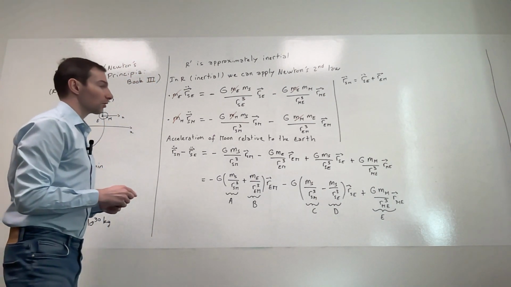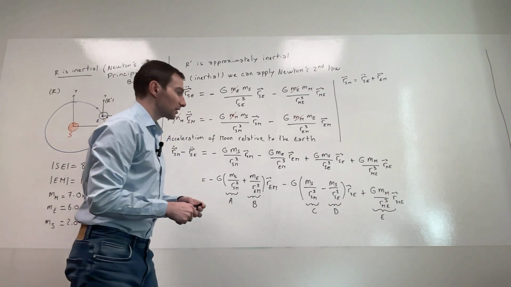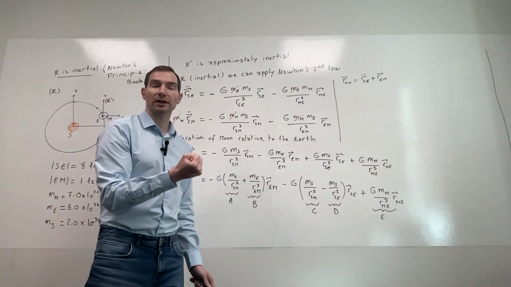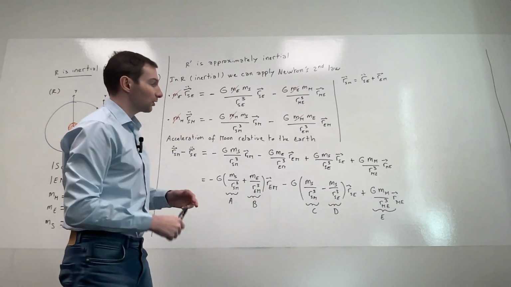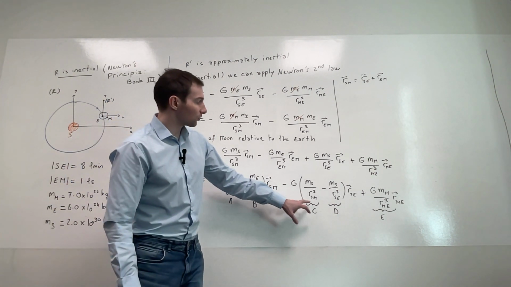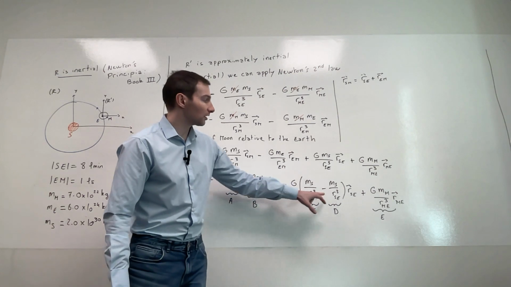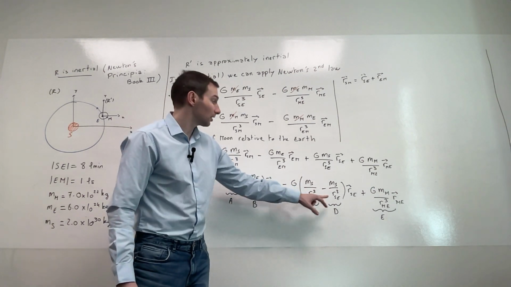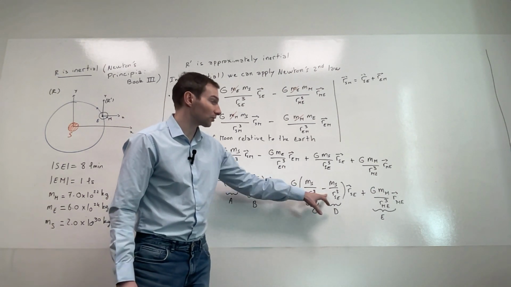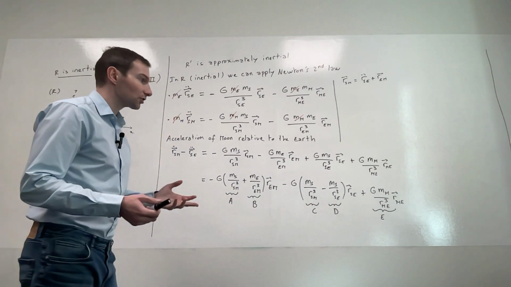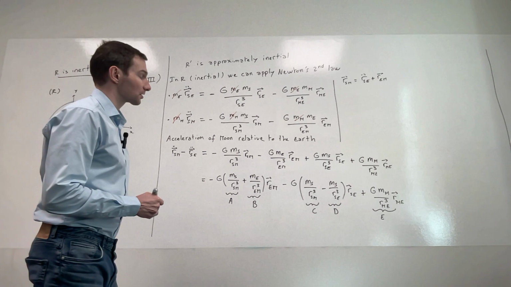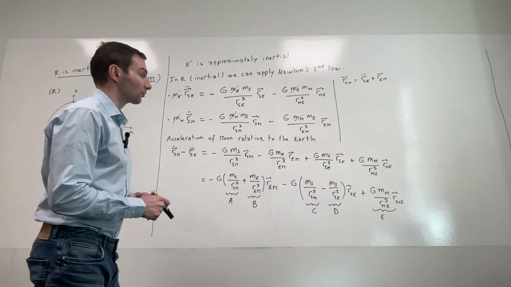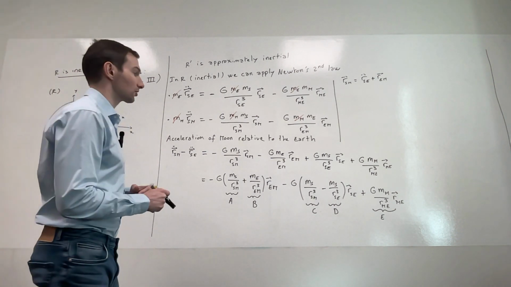And so one of the things that is going to happen is that indeed the sun has an incredibly strong effect on things. But as it turns out, you see here that there is going to be a kind of compensation between the two. And essentially that's what is going to make things relatively easy.